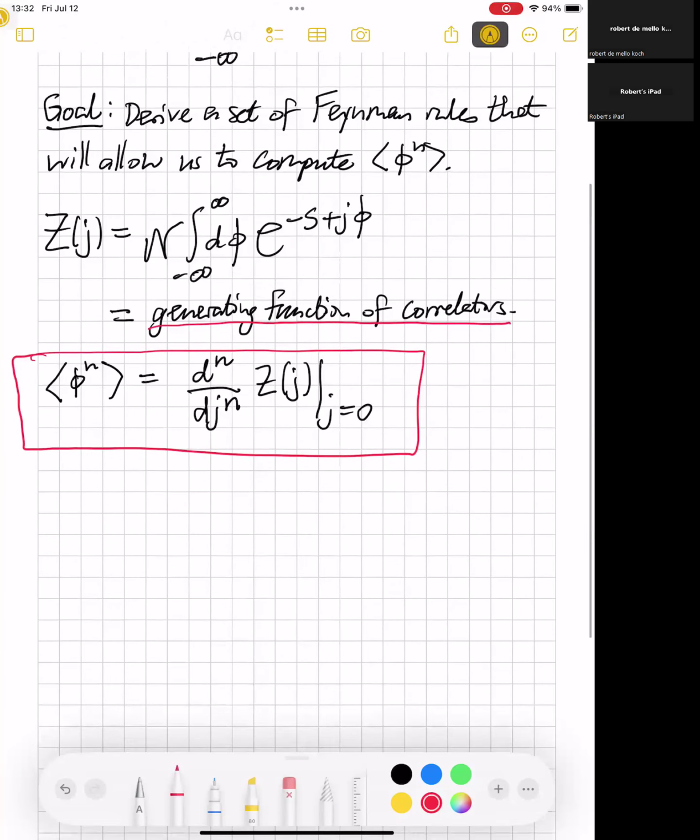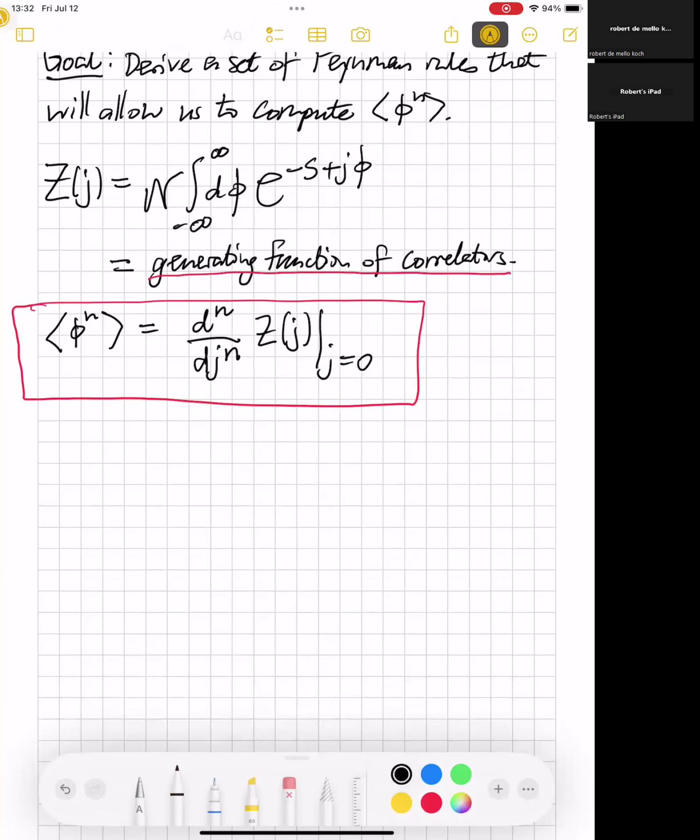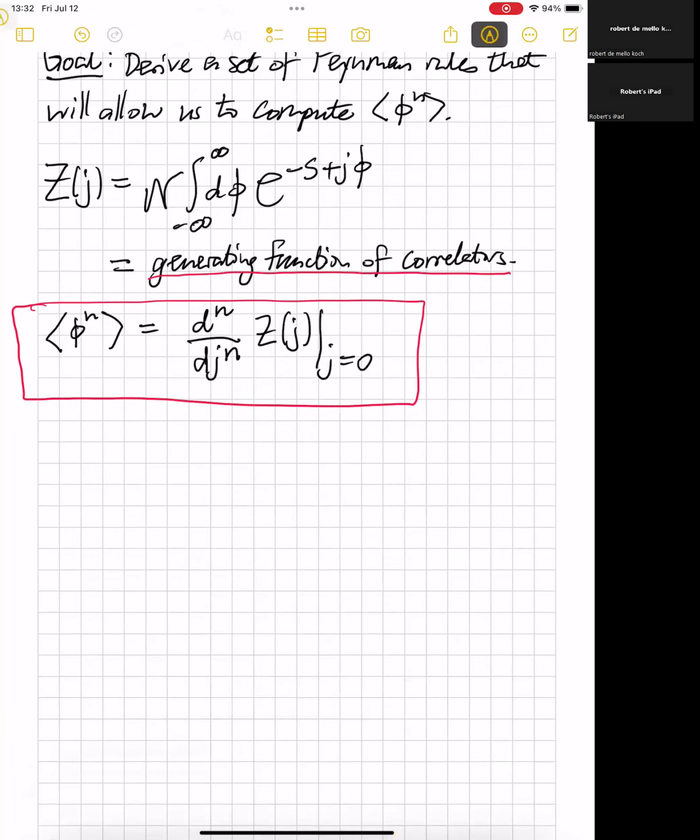Good. Okay, so let's now calculate what Z of J is equal to. Well, Z of J will be equal to, we'll have the normalization, we'll have an integral from minus infinity to infinity, we will have d phi, and then we've got e to the minus S, so this is minus alpha over 2 phi squared minus g phi to the 4, sorry, and then plus J phi.